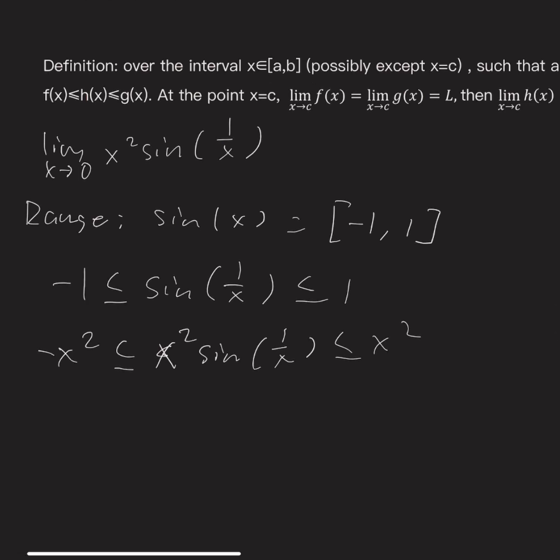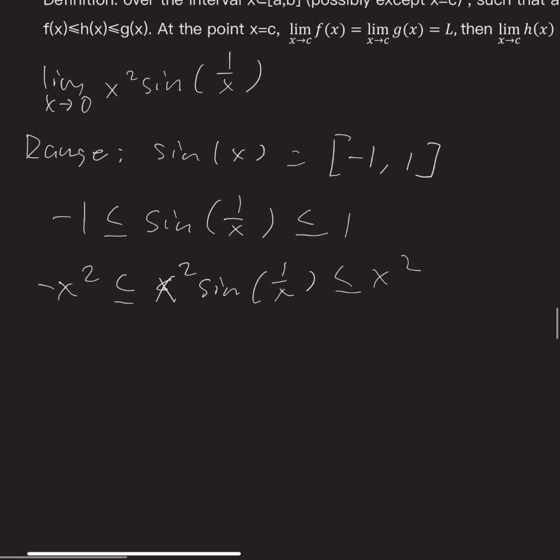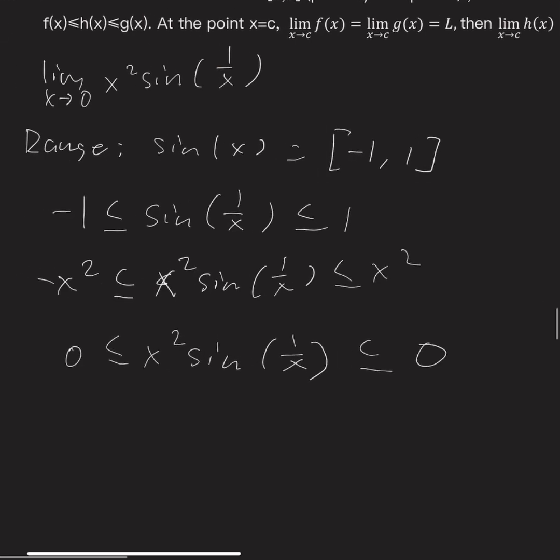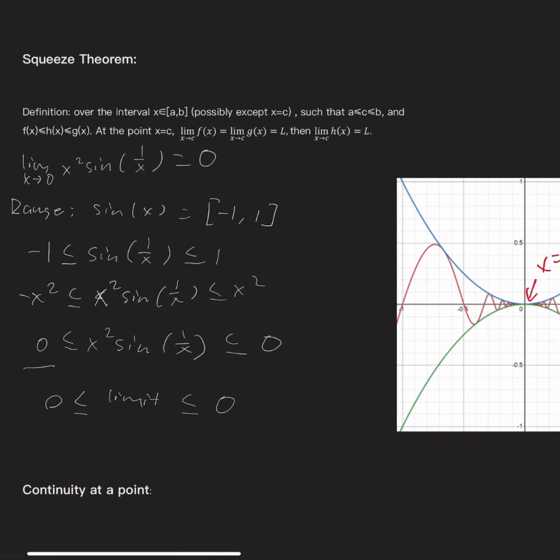At x equal to 0, that gives 0 less than or equal to x squared sine of 1 over x less than or equal to 0. So this limit must be equal to 0, because it's greater than or equal to 0 and less than or equal to 0. This value has to be equal to 0.